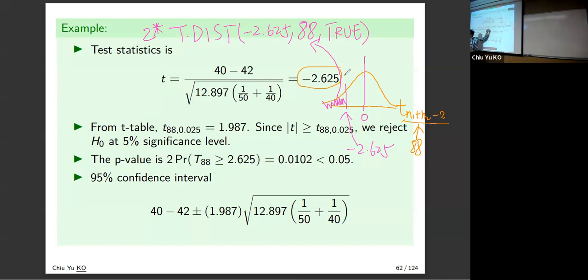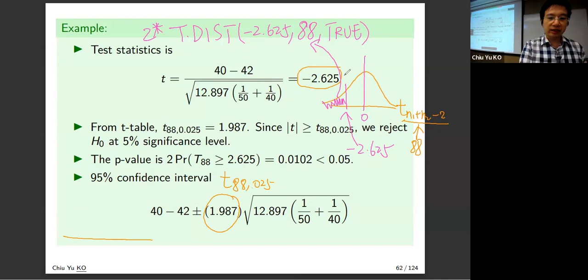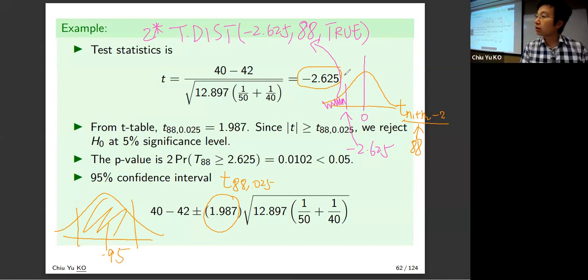Remember, because it's a two-sided test, this is t 88 with 0.025, because you're looking at 95% confidence. So you want 95 here, which means you want 2.5 on each other side, so that is 97.5.